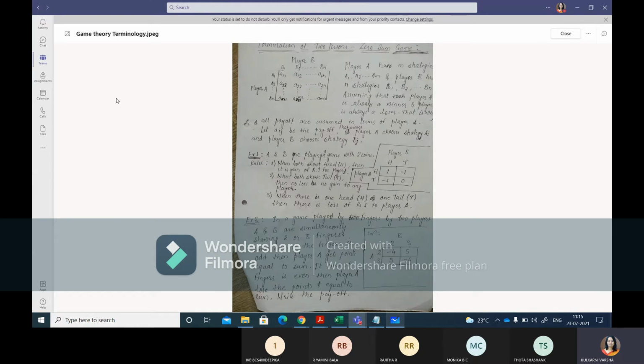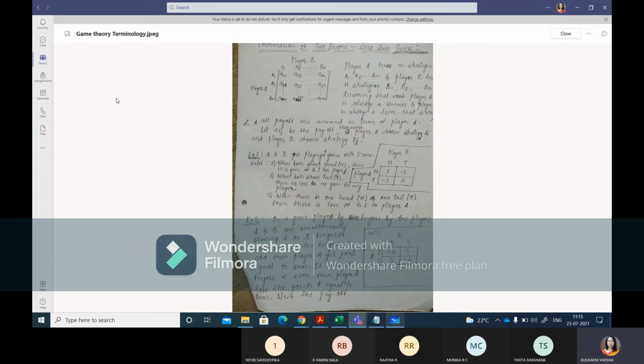Both of them have one coin, and they throw it up, and when it comes down, if both show head, the gain will be for player A, 1 rupee. So 1 rupee will be the price which player A will get.